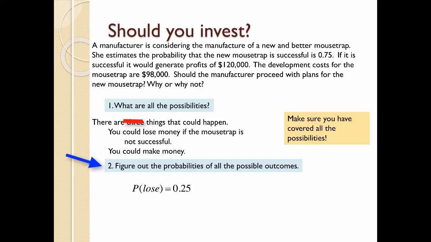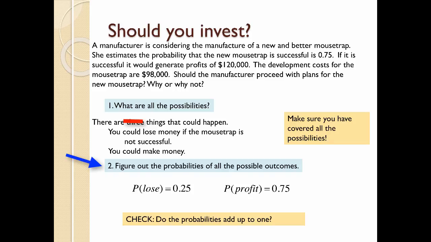Well, the probability that you're going to lose money is 25%. And where did we get that? Well, our manufacturer said there's a 75% chance that that mousetrap will be successful. Therefore, there must be a 25% possibility that you're going to lose money. And the probability that you'll make a profit is 75%, or 0.75.